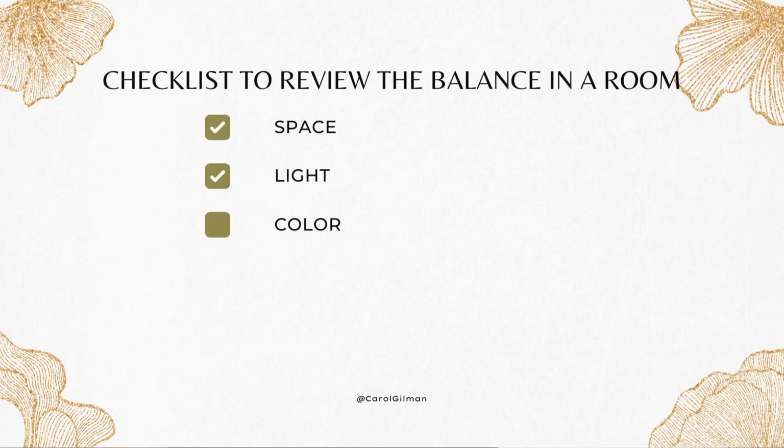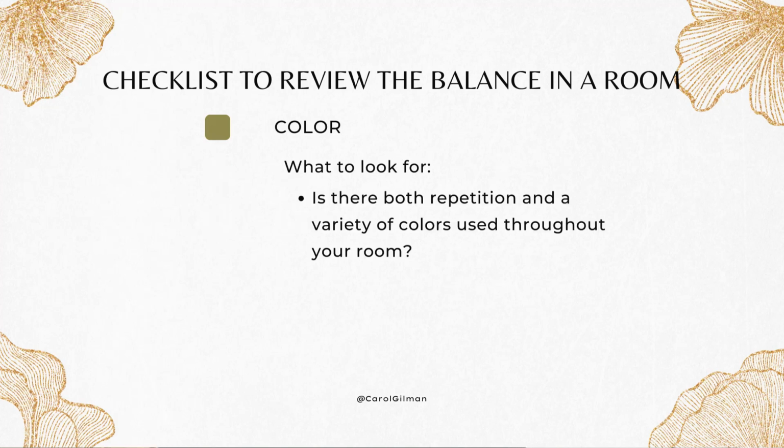And the next item on our list is color. So if we're going to look through the lens of just color and taking a look at the balance of color in our room, a couple things you would want to keep in mind. One would be repetition, making sure that there's a nice repetition of color because that helps tie everything together.